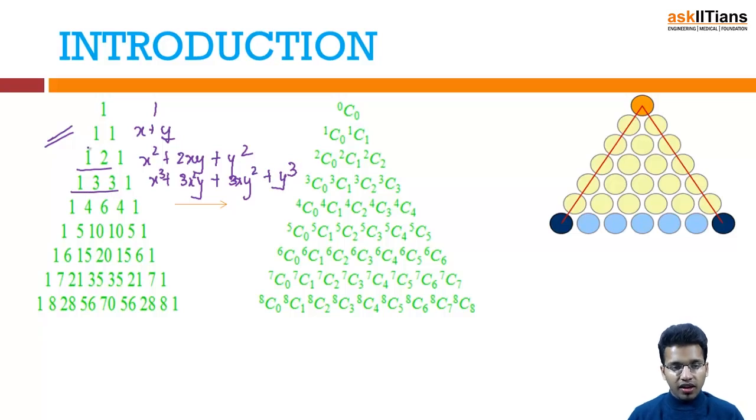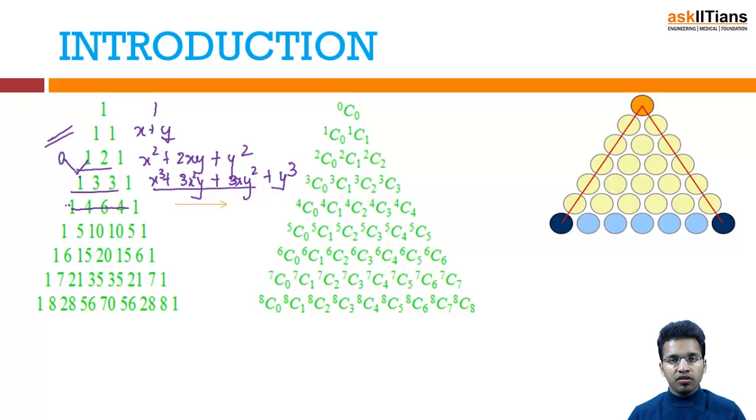Now is there any relation we can draw to get the coefficients of the next one? I can predict the coefficients of the next row even if I don't have this data. So this is given as 1 4 6 4 1, but how does it come? It comes from the addition of this.